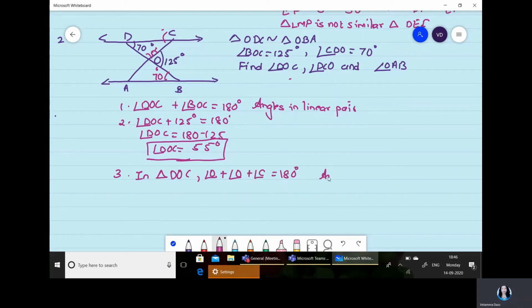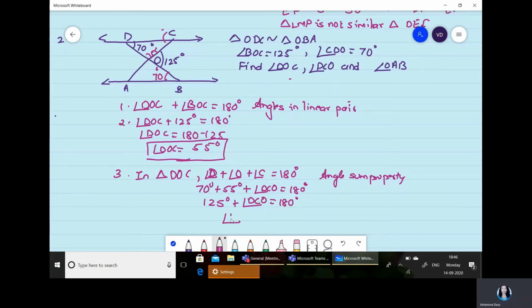Here you can give the reason: angle sum property. So angle D is 70 degrees, angle O we found as 55 degrees, and angle C is nothing but DCO. So here we have 125 degrees plus angle DCO equals 180.